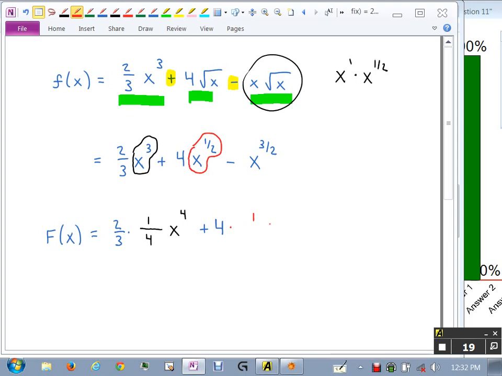So 1 over, I'll say 1/2 plus 1, just to go a little slower, x to the 1/2 plus 1, which will be 3/2. And then minus, last part, 1 over 3/2 plus 1, x to the 3/2 plus 1, all of this plus c, right?